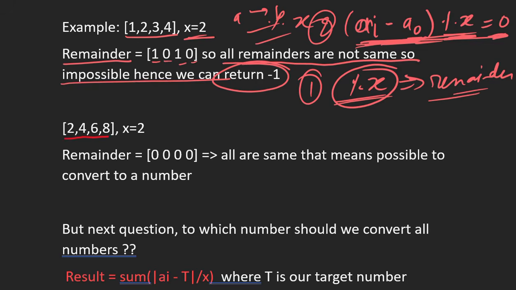So here, if you see 2 4 6 8 and x is equal to 2, so all the numbers have the same remainder. That means we can convert all the numbers to one number, right?